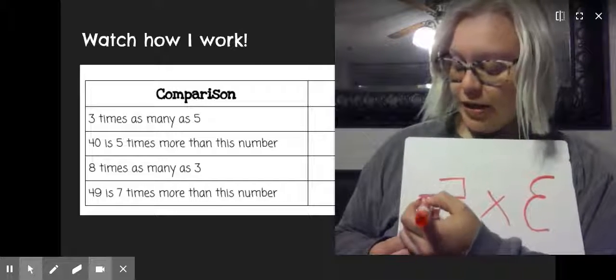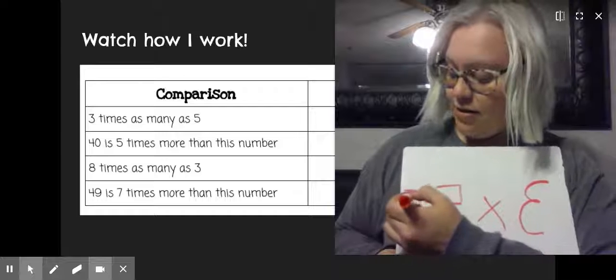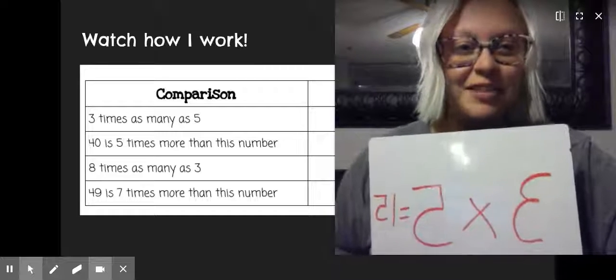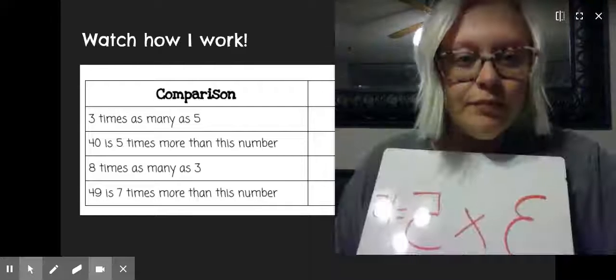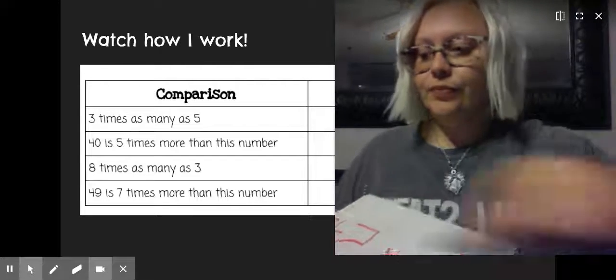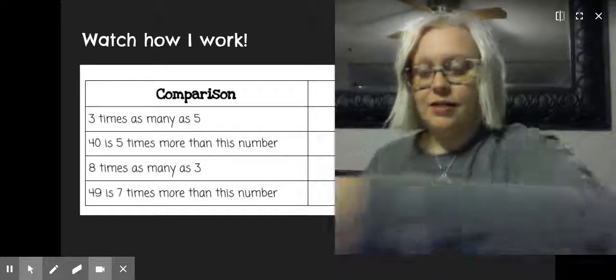So now we're doing 3 times 5. And that gives us 15. Perfect. See? Simple. It's actually very simple.